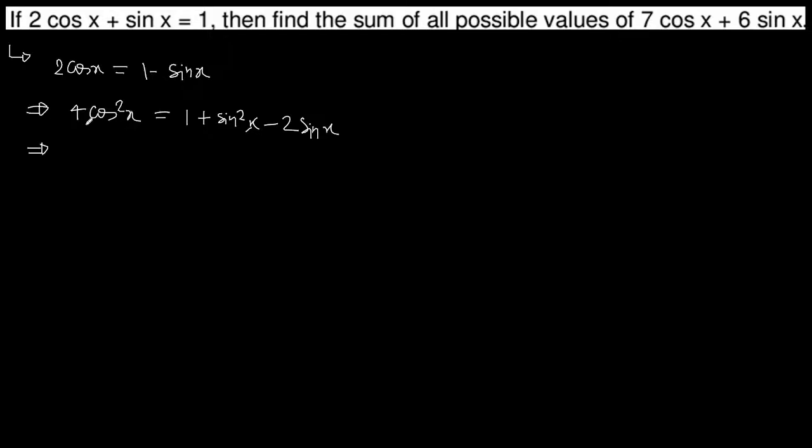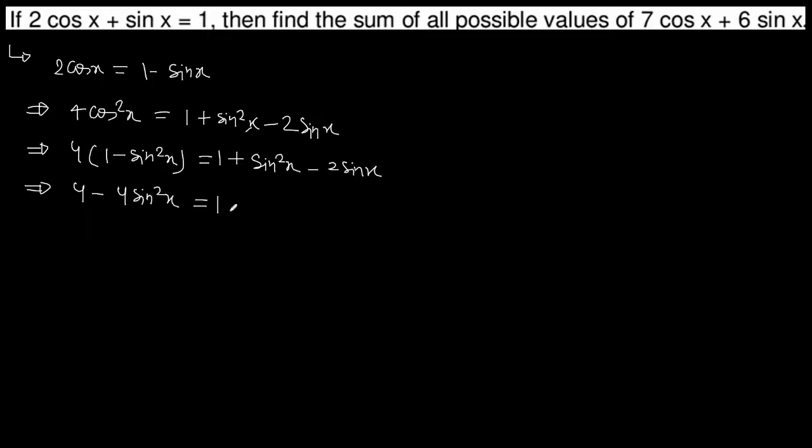So we'll write cos square x as 1 minus sin square x. This is 4 minus 4 sin square x equal to 1 plus sin square x minus 2 sin x.